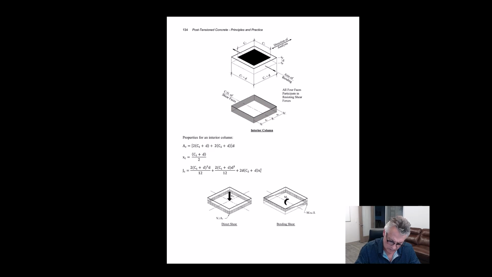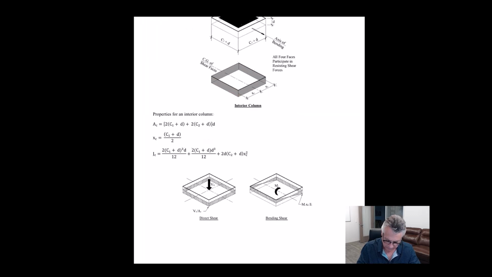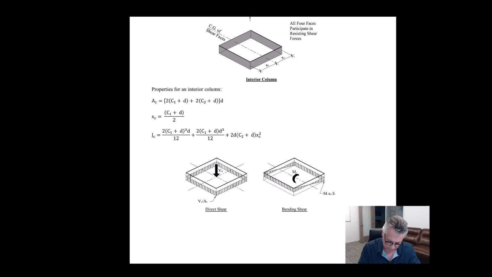So we're bending about this axis and creating stresses on these faces. And that's what this looks like. There we break this up into a direct stress, just a VU or PU if you like that better, from the slab, the shear of the slab.